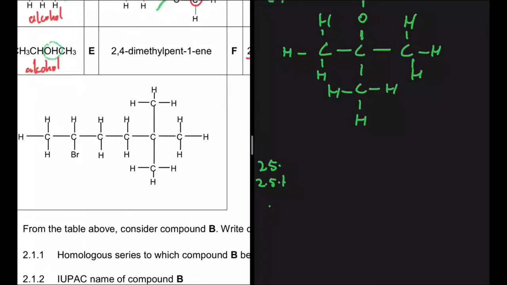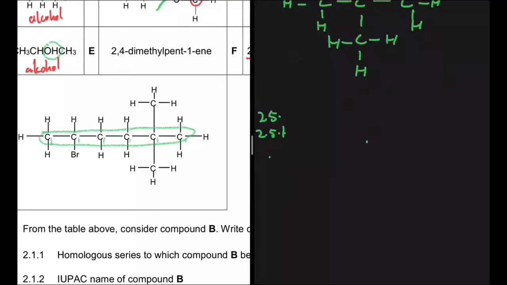It is easy to see that this will indeed be our longest carbon chain. Let's count that. 1, 2, 3, 4, 5, 6. That is hex. And then as soon as I see Br, I know that it is a haloalkane, right? So it will be hexane. Now I'm just left with the branches.